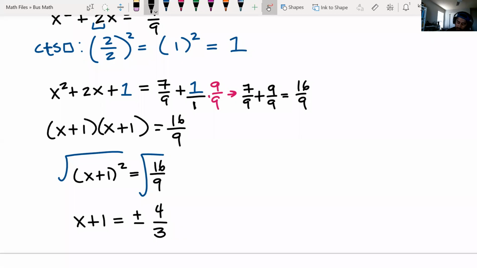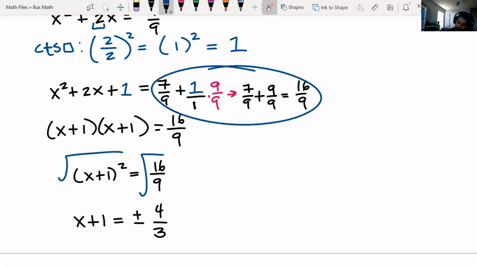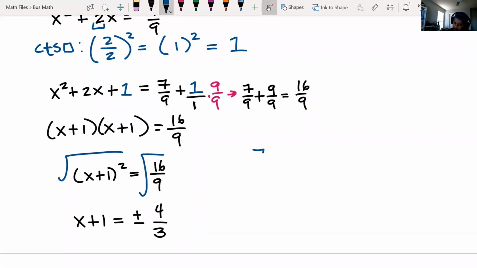So from this part, right? I'm saying 7/9 plus 1. Well, if I want to add these two numbers, you have to change 1 into a fraction. So where's the 1 coming from? Completing the square? Exactly. So this 1 comes from completing the square. So we complete the square, then we add it to both sides. And then factor and simplify.